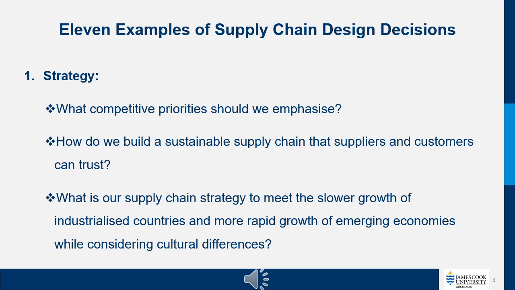There are certain questions that we always need to ask. What competitive priorities should be emphasized? How do we build a sustainable supply chain that suppliers and customers can trust? What is our supply chain strategy to meet the slower growth of industrialized countries and more rapid growth of emerging economies while considering cultural differences?